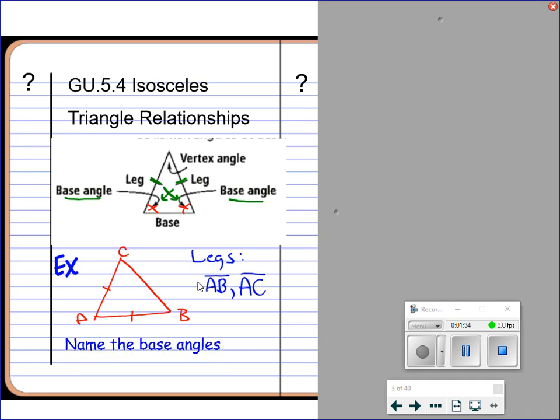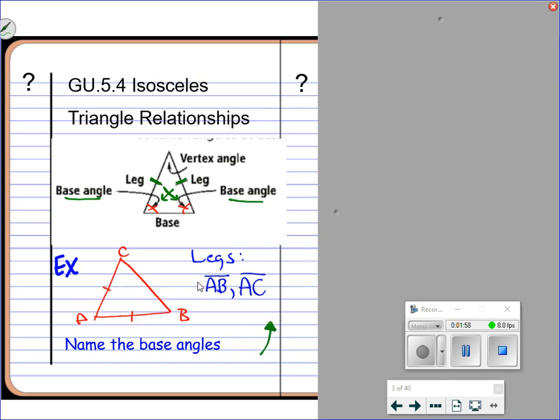I've turned the triangle sideways compared to the figure up above, so that you understand that these angles are called base angles, not because they're at the bottom of the triangle, but because they're opposite the congruent sides. So if you look at the drawing here, the base angles are going to be C and B.